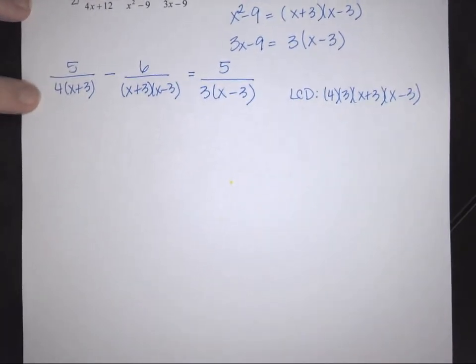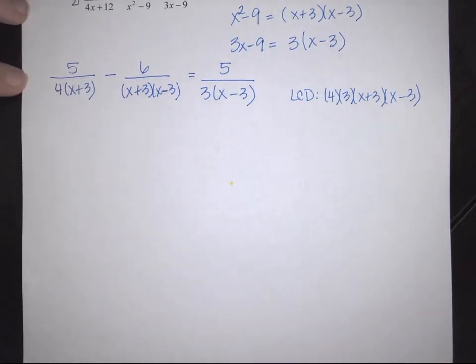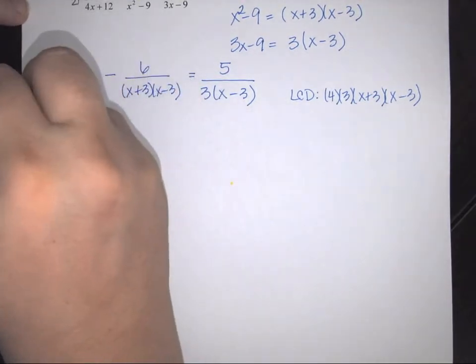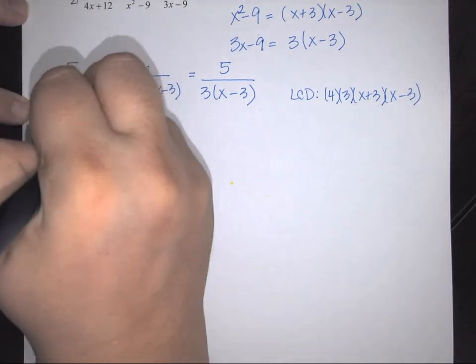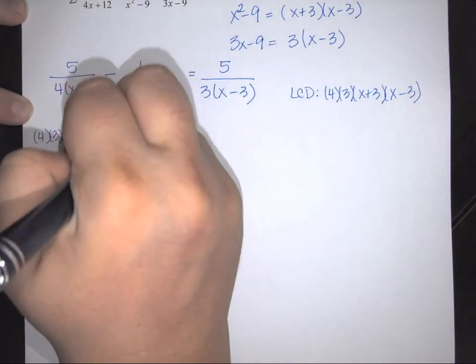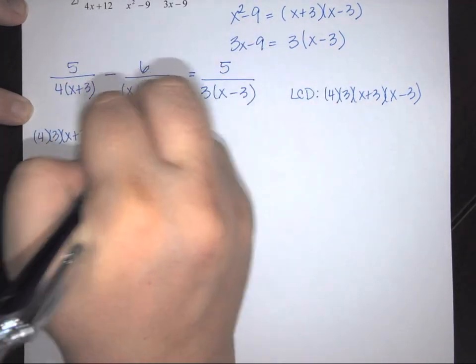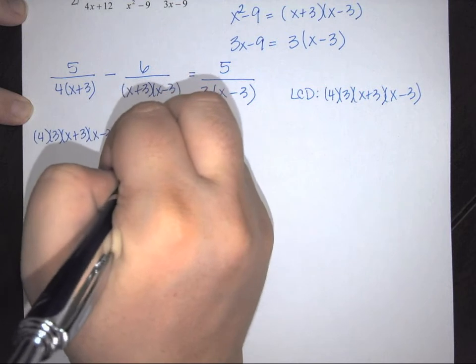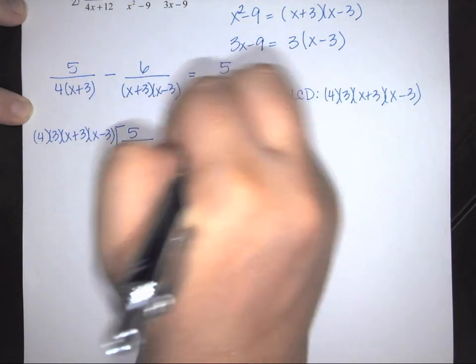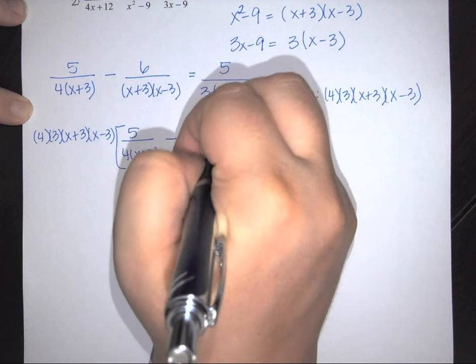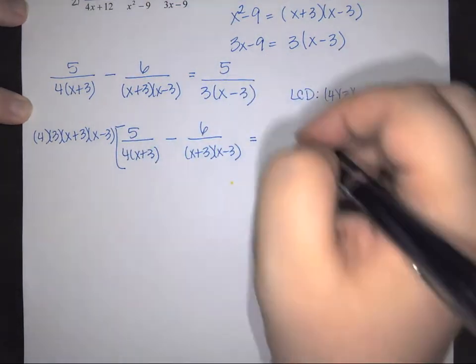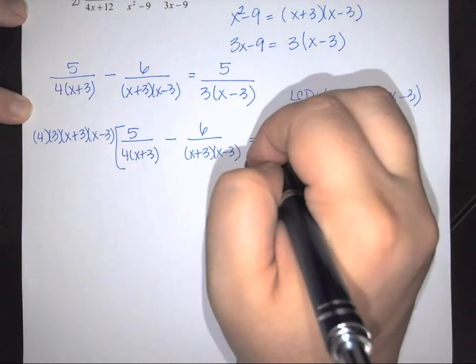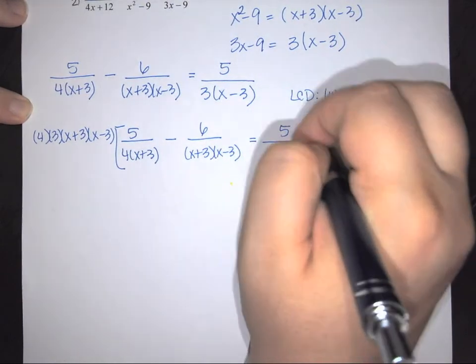So I'm going to multiply this whole equation by that LCD. Okay. So I have my 4 times 3, x plus 3, x minus 3, times 5 over 4 times x plus 3, minus 6 over x plus 3 times x minus 3, is equal to 5 over 3 times x minus 3.